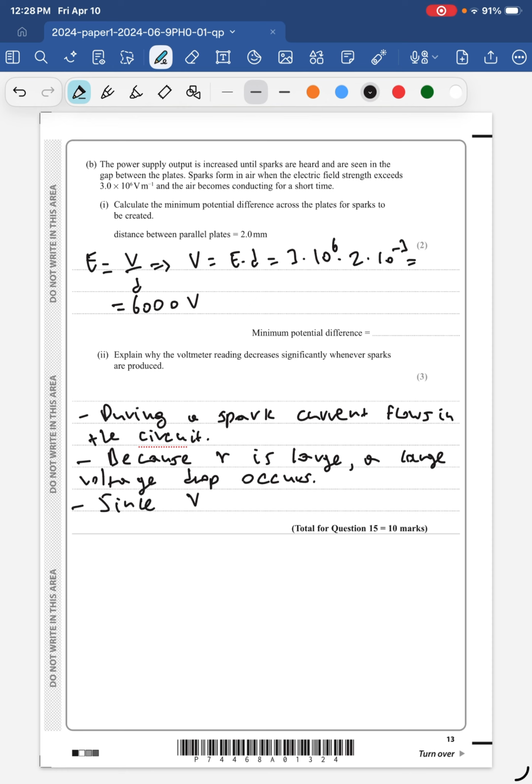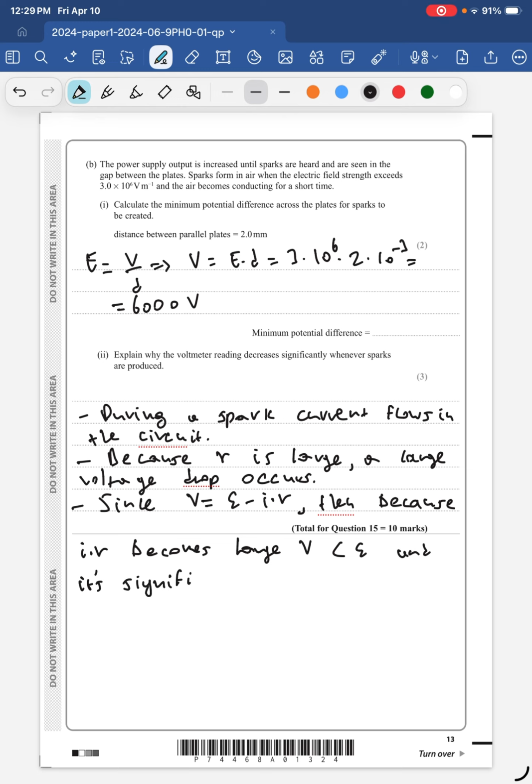Since the measured potential difference is equal to the EMF minus I times R, and I times R becomes large, V is less than the EMF and it's significantly dropped. This is a complete answer, I believe.